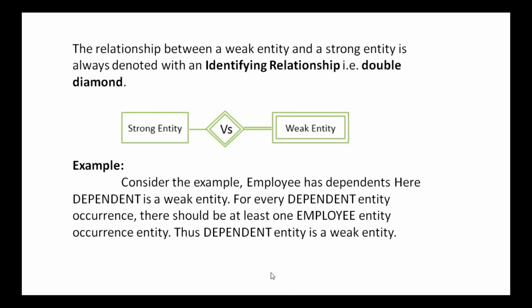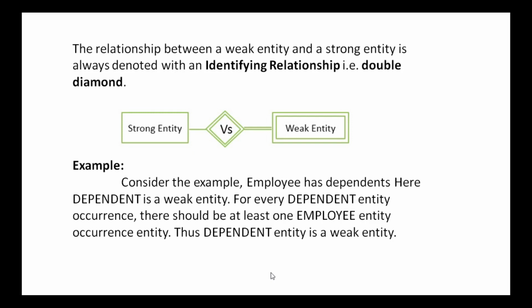Consider the example of an employee and their dependents or nominees. Can you imagine nominees existing without an employee? No, not at all. If an employee exists, then nominees may exist. Without an employee, there is no existence of nominees.